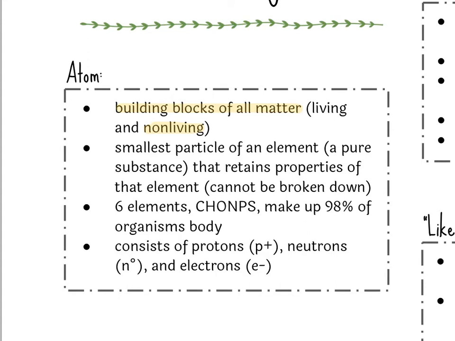It's the smallest particle of an element that retains properties of that element. The important thing about an atom is that it cannot be broken down. An atom is an atom. It cannot get any smaller.